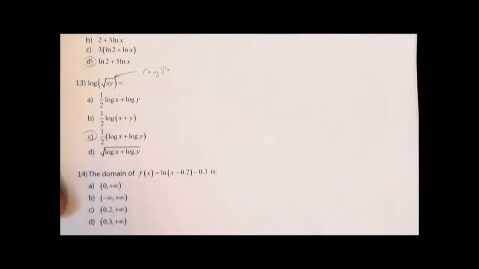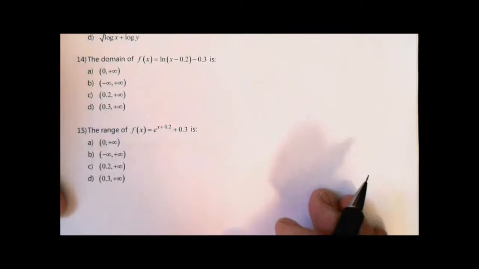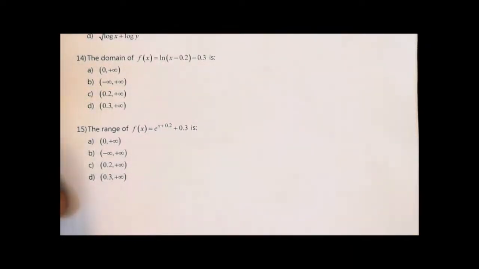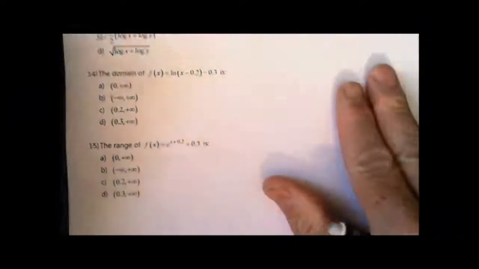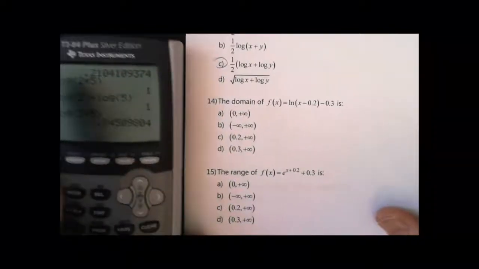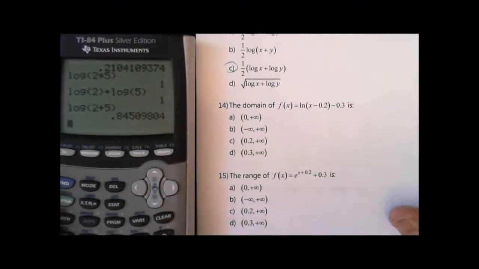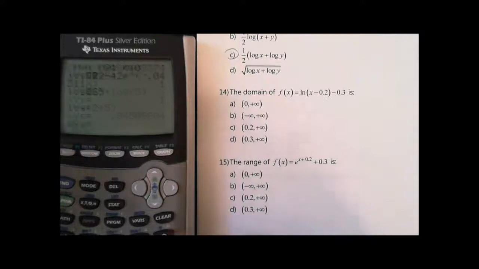Now, 14 and 15, a little tricky to do on the calculator. Let's go ahead and see why they're tricky to do on the calculator. Okay, they ask us for the domains and ranges of things. And the first one is the natural log of x minus 0.2 minus 0.3. It's the zoom 6.